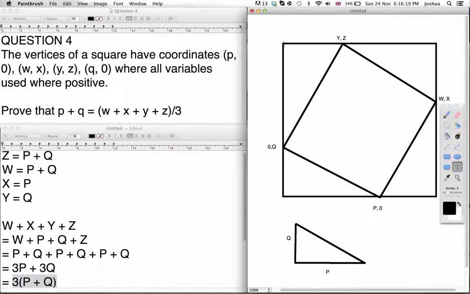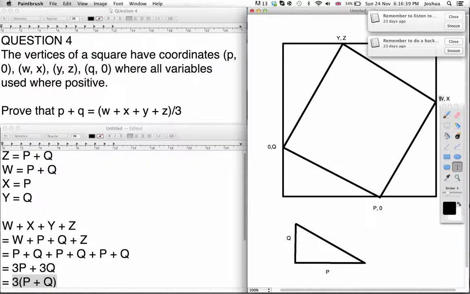Instead of us doing that, they said, okay, this coordinate is y, z, but its coordinate is also going to be q, and then p plus q, and then they said this one's going to be p plus q, p.